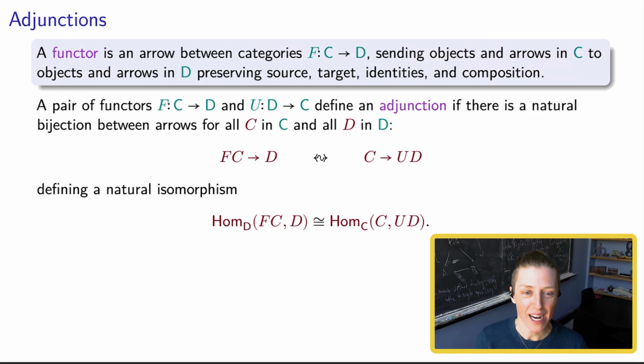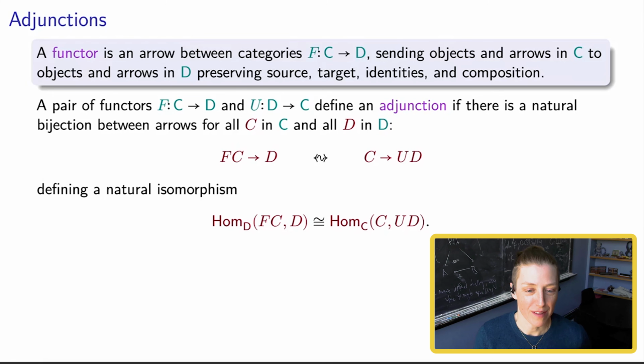So for any object C in the category C, and for any object D in the category D, the requirement is that arrows in the category D from F of C to D correspond to arrows in the category C from C to U of D, in a way that's sort of natural in both the C variable and the D variable. Again, that's the thing that I'm not defining.